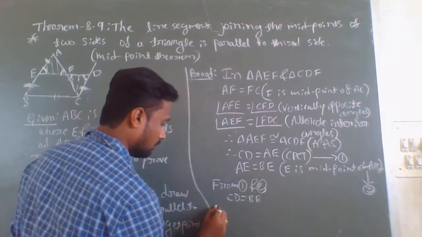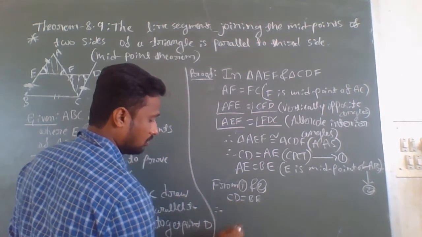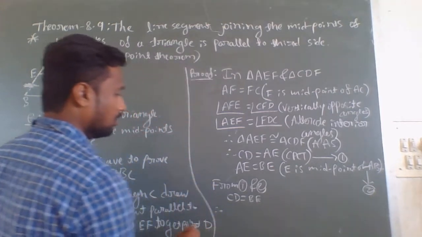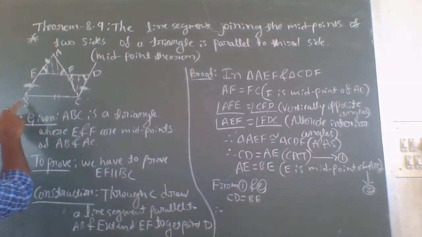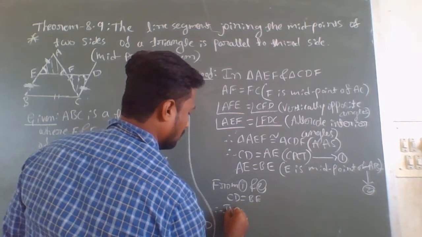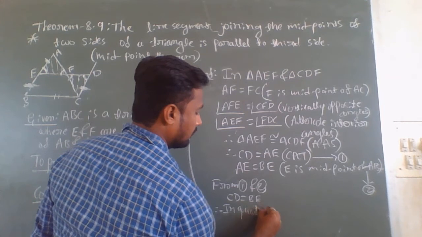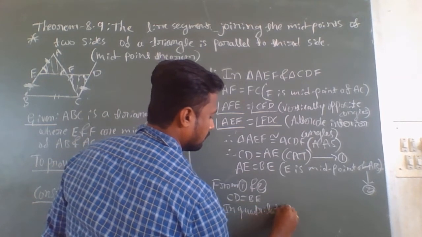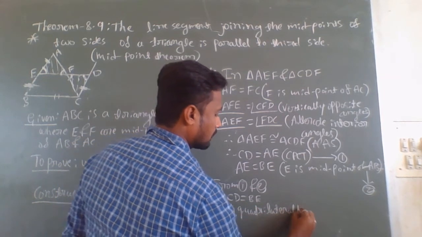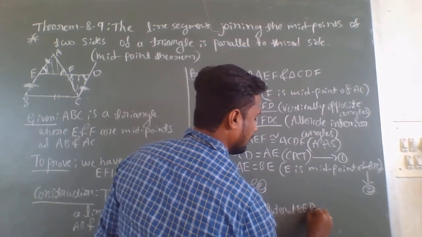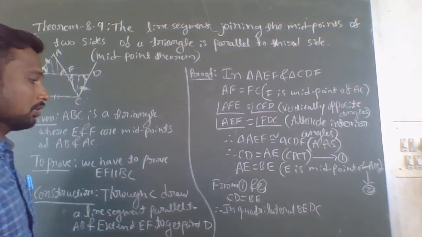Therefore, in quadrilateral BEDC, what did we get to know now?